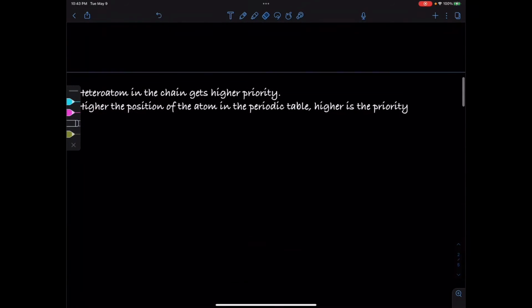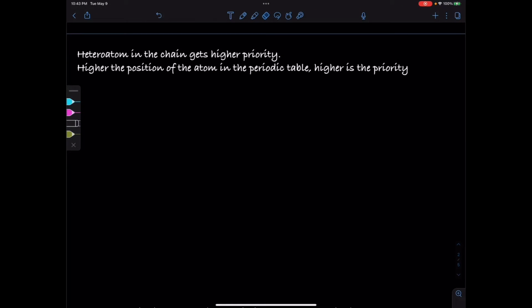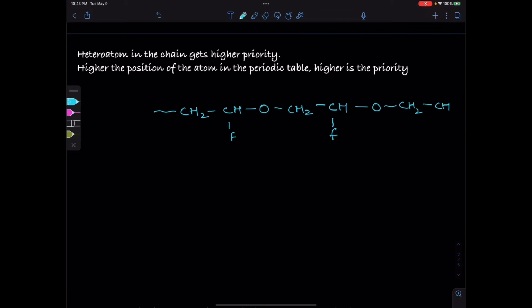Let's do another example. In this case, we can start naming the constitutional repeating unit from CH2, or from CH, or from oxygen.